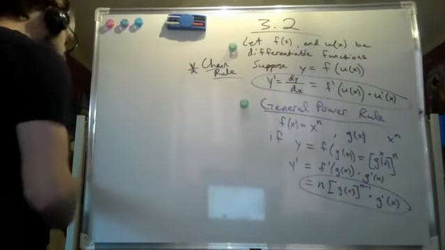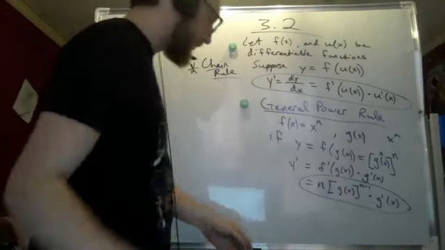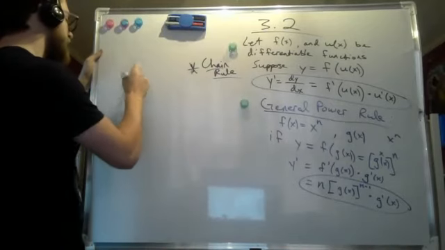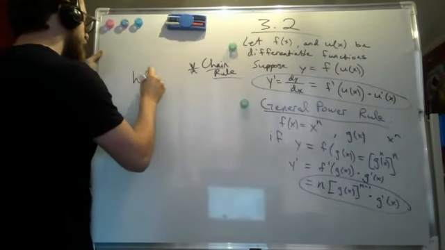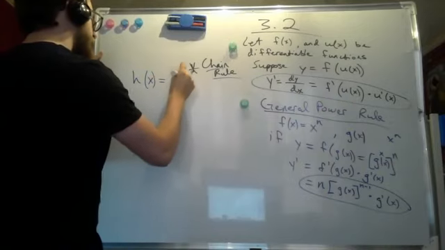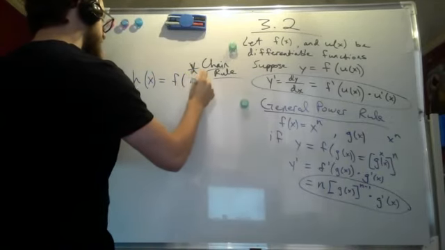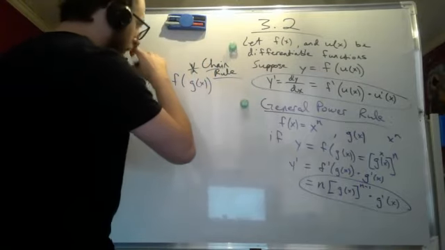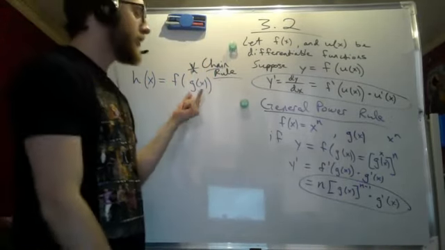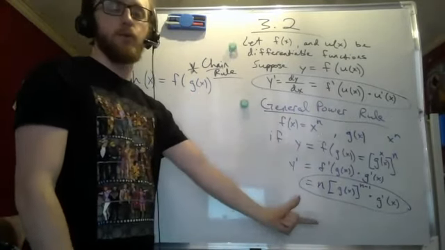So sometimes you might be told that suppose h of x equals f of g of x, right? And maybe they don't tell you what f is, and they don't tell you what g of x is, so you don't even know if the power rule applies or not.